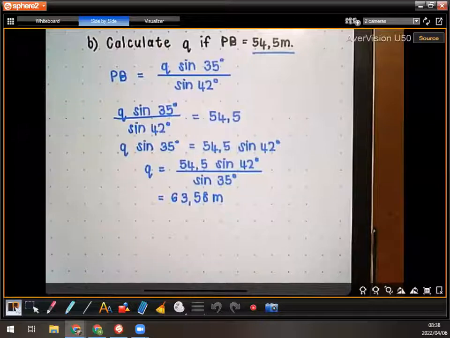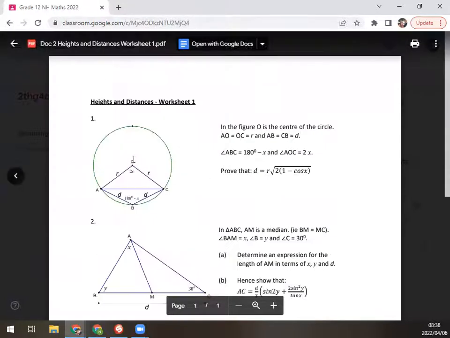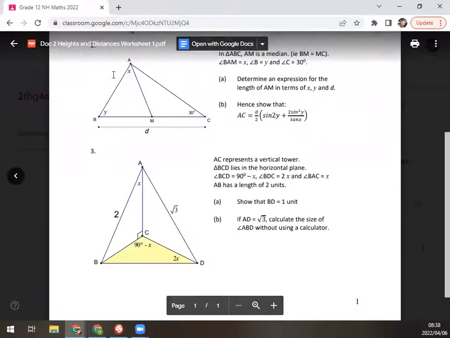Heights and distances worksheet, you just did the circle one, and then there was one question from the textbook, is that correct? Okay, so on that worksheet, I would like you now to do numbers 2 and 3. I'll put them on the board for you. Number 2 is a 2-dimensional question, and then number 3 is a 3D one. This is the same worksheet that I posted on Classroom for you yesterday, so you can go find it there. You were supposed to do number one for today. Now for tomorrow, I would like you to do number 2 and then number 3 as well.